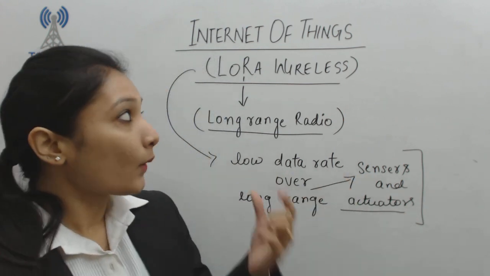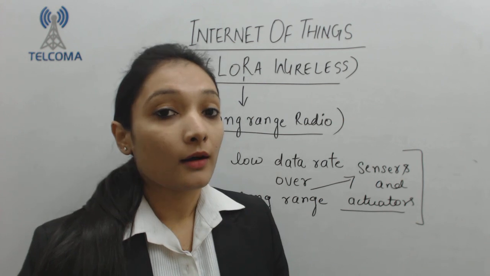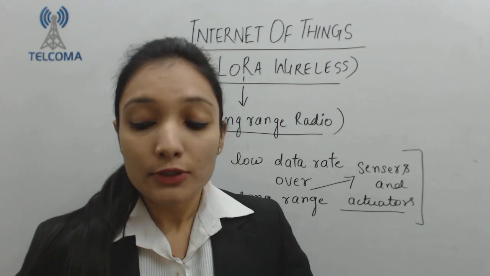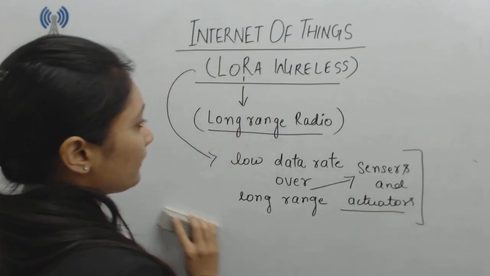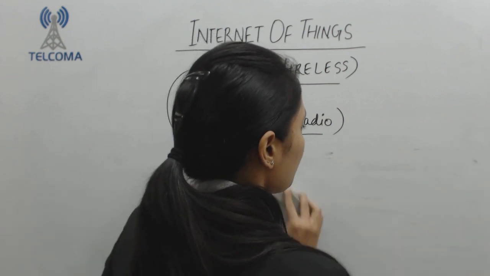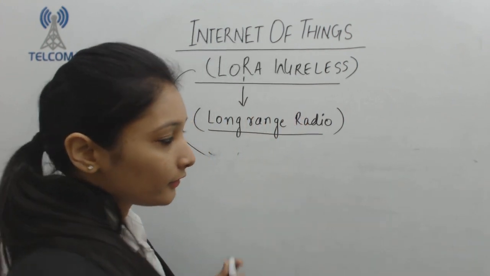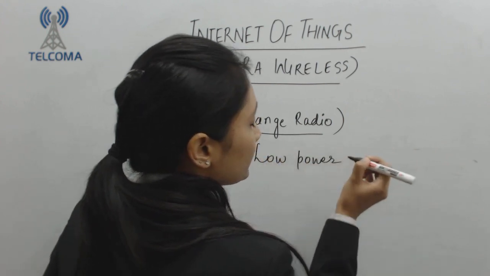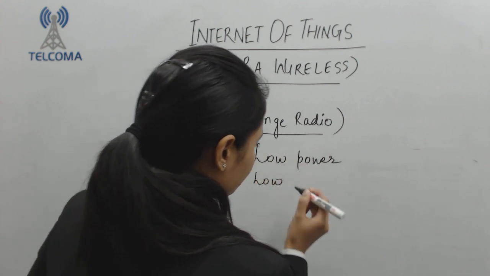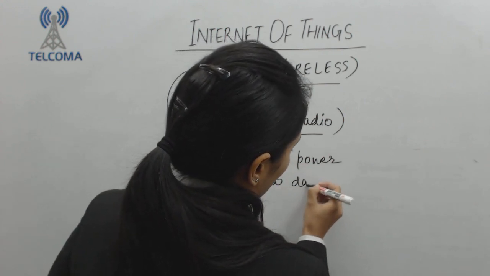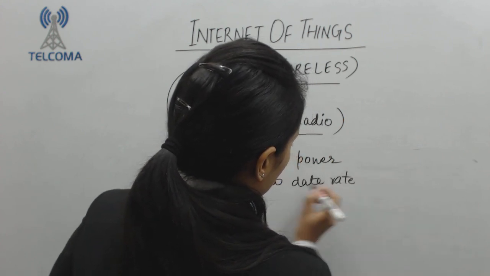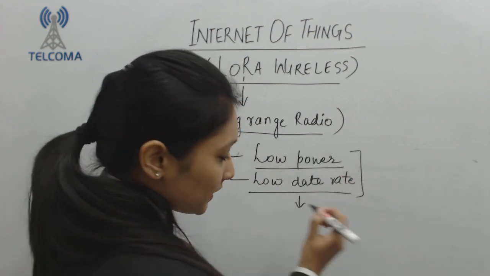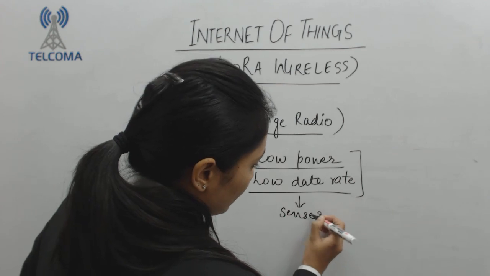Now, if we look at the requirements of the Internet of Things, they quite match the specifications for LoRa wireless systems. For the Internet of Things, the main requirement is lower power, lower data throughput, and using different sensors.